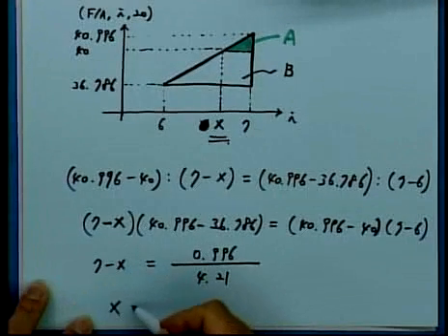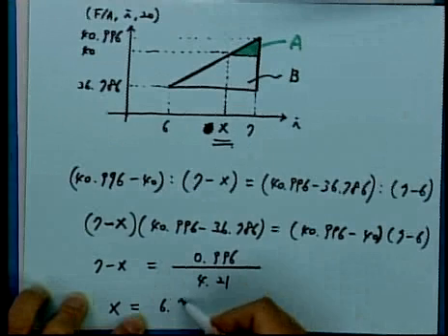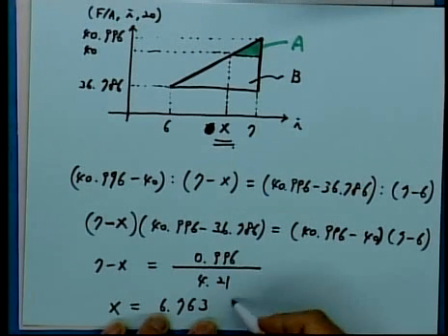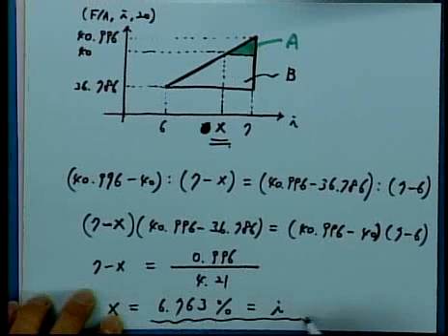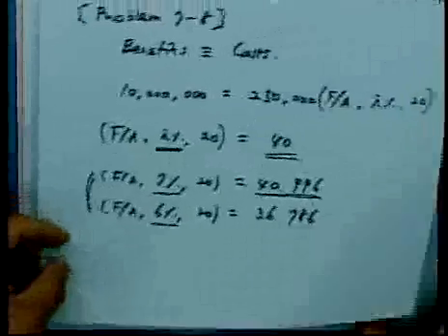So what is the value of X? It is 6.763. So 6.763% is the internal rate of return, which is the answer to problem 7-8.